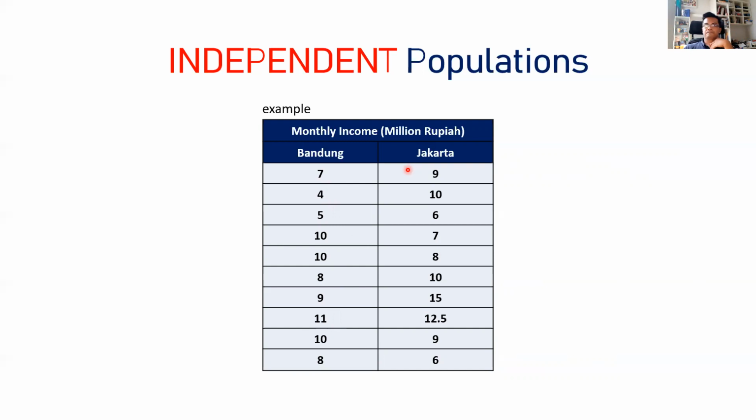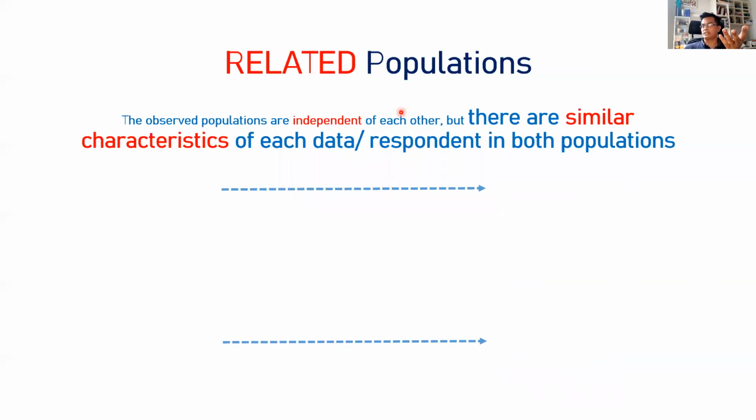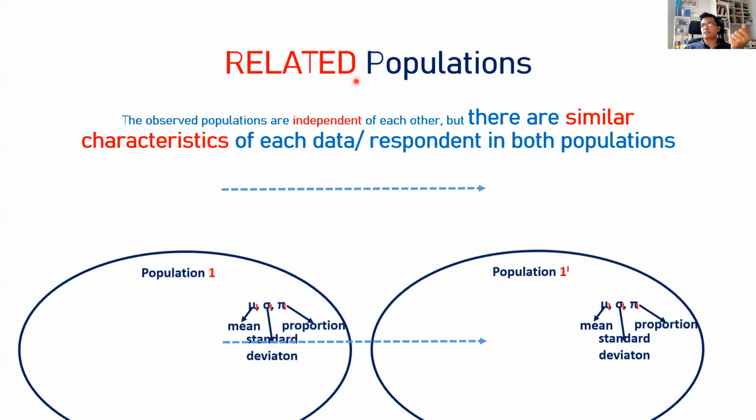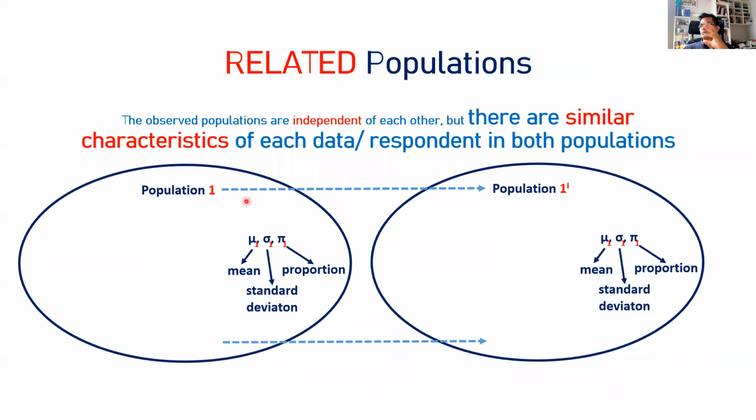But in related populations, even though, for example, we observe the monthly income of people in Bandung and the monthly income of people in Jakarta, the observed populations can be independent of each other.